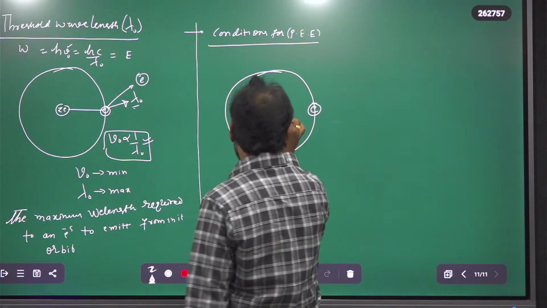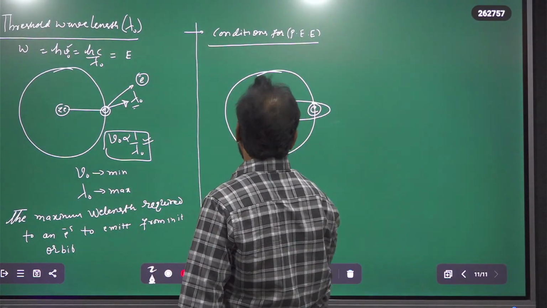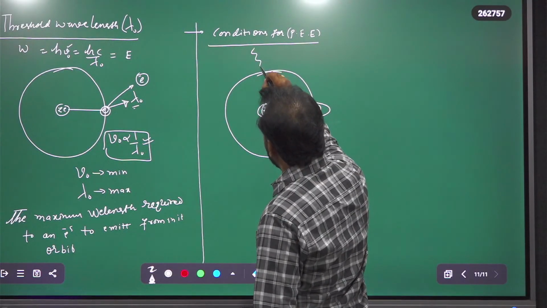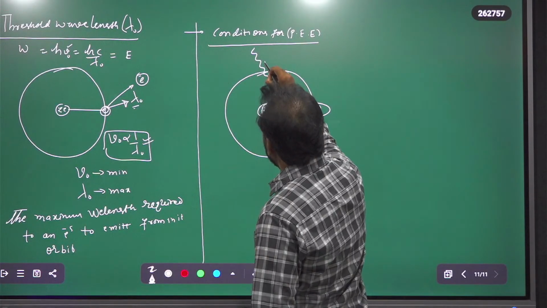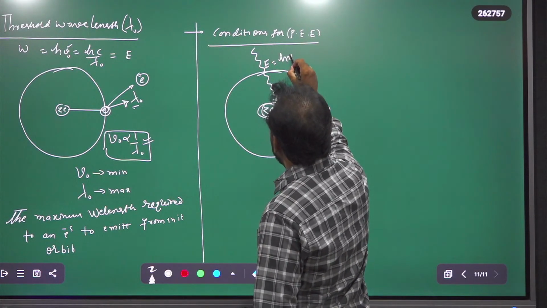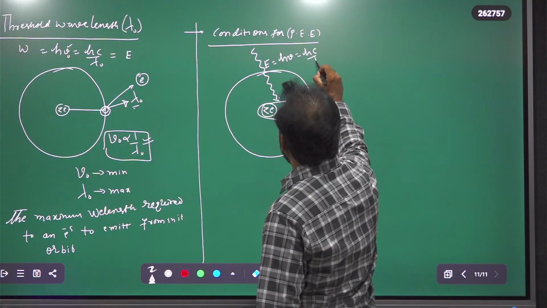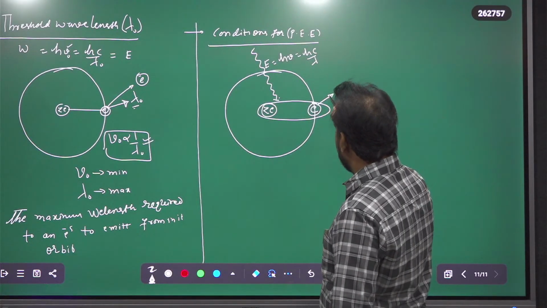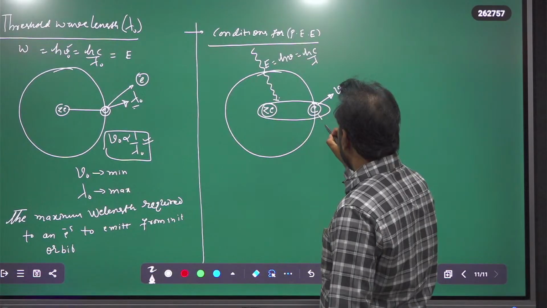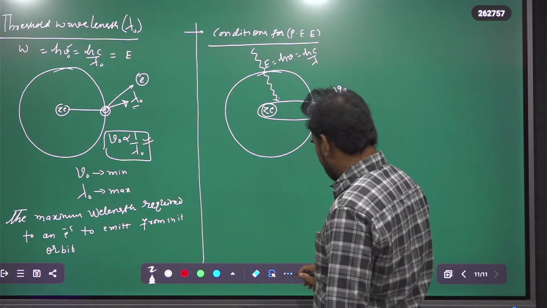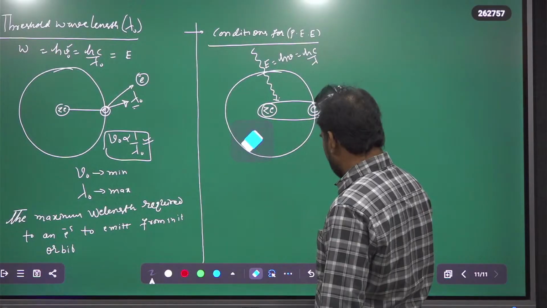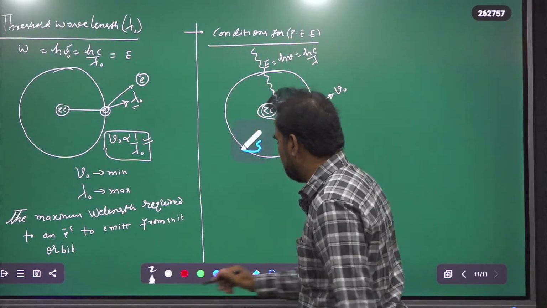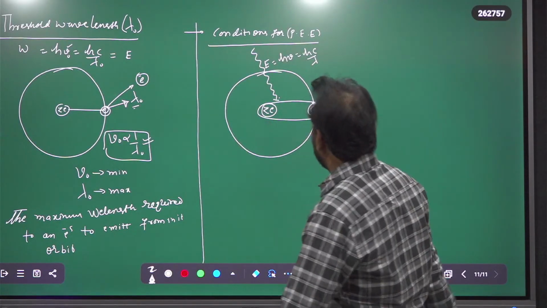When a suitable wavelength or suitable radiation is incident on the metal surface, that is E is equal to h nu, that is equal to hc upon lambda, then the electron would be recoiling with a threshold frequency nu naught and threshold wavelength lambda naught, as we already know.